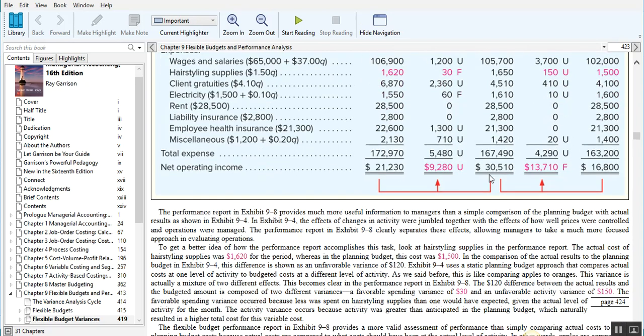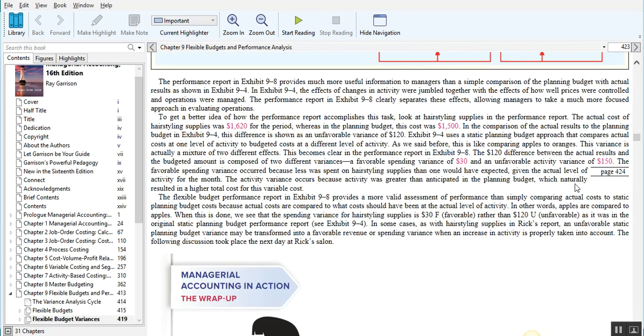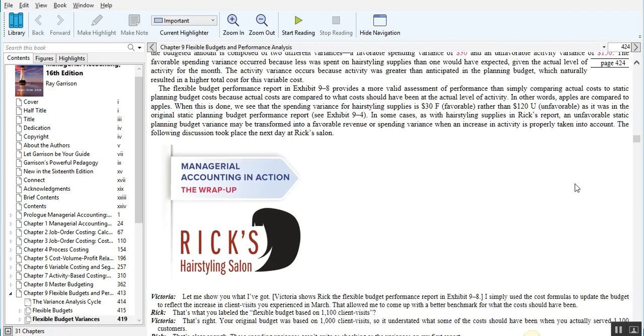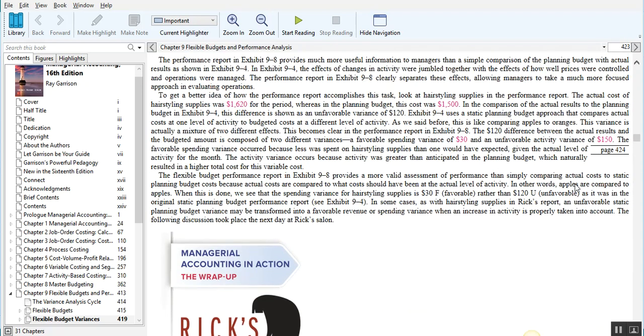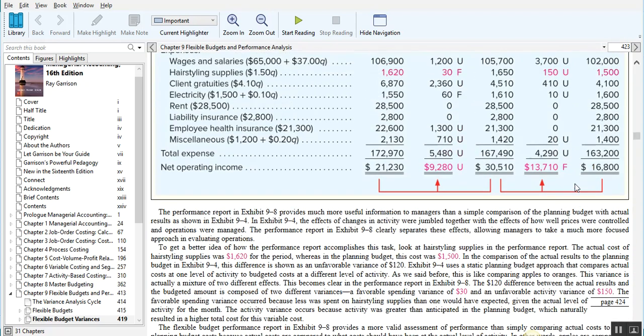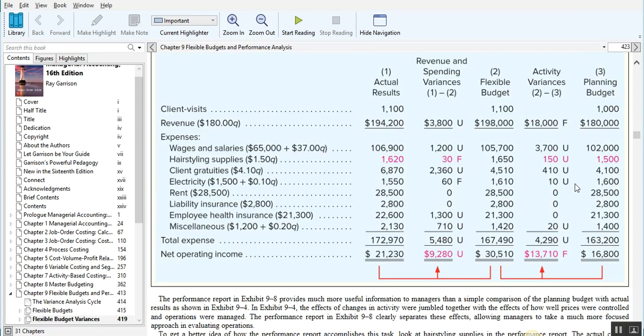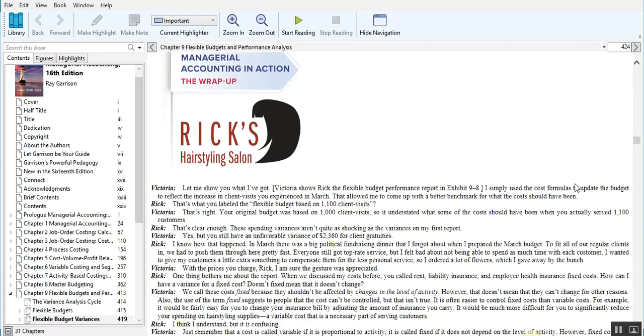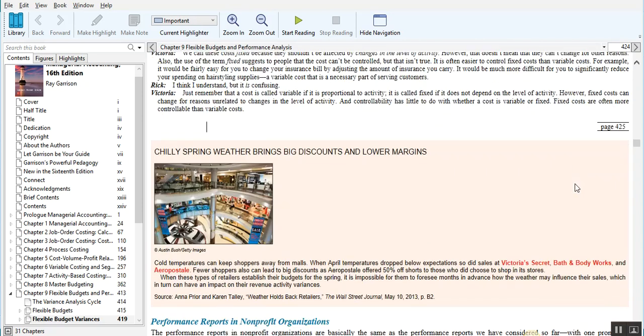So anyway, that's how we compare those three items together to come up with the causes for variances between the actual budget that we planned for and the flexible budget, and between the flexible budget and actual results. Anyway, so that's really the crux of this part of chapter 9.